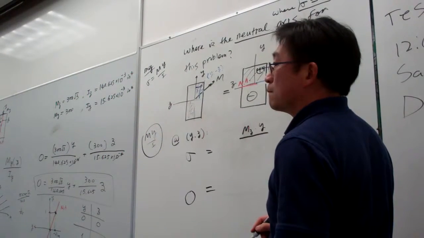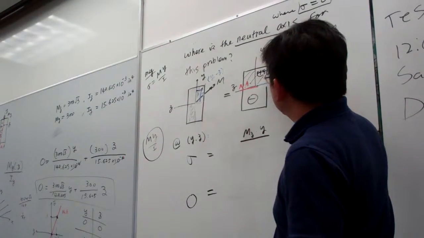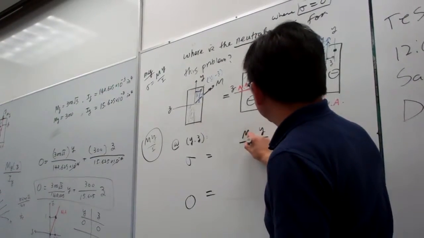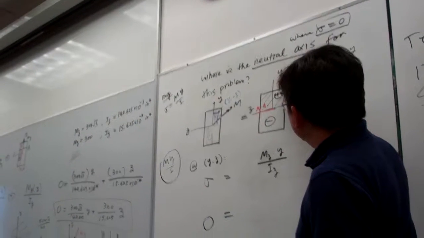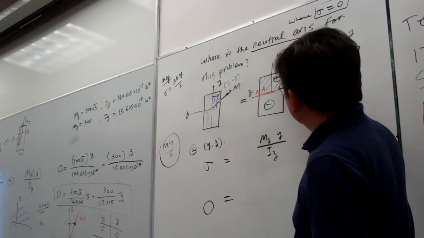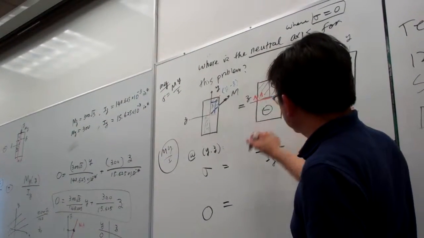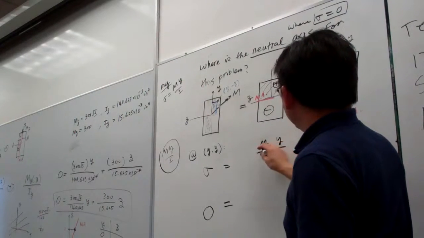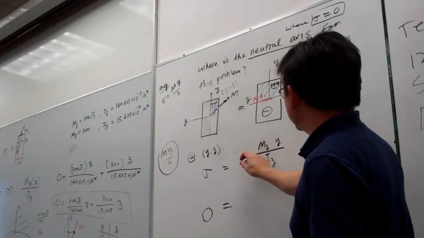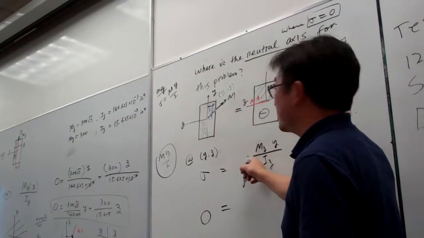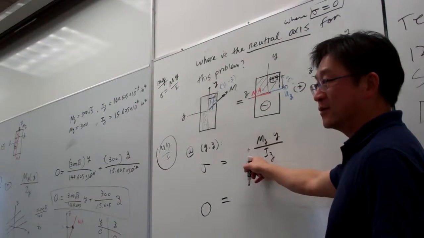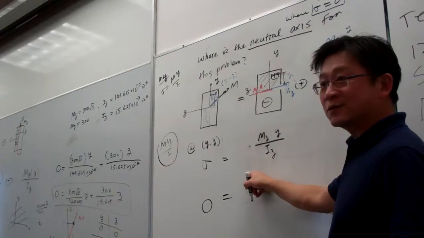Or no, sorry, the y is fine. We take the distance, and then this is divided by Iz. This point is in tension, so everything here is positive, and we get the plus here. So this one will be okay for this term.